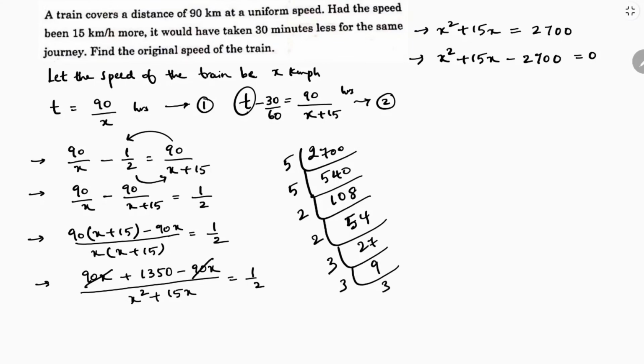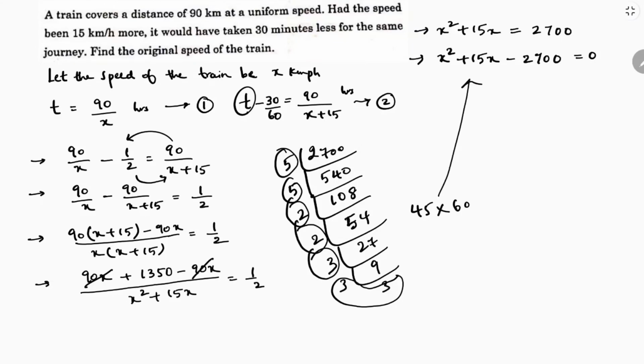Now with the help of these factors, we need 15. 5 times 3 into 3, 5 times 9 is 45, and the remaining is 5 into 2, 10, 10 into 2, 20, 20 into 3, 60. 60 minus 45 we'll get 15. So here the factors are 45 and 60.